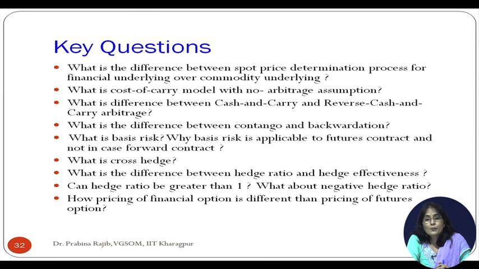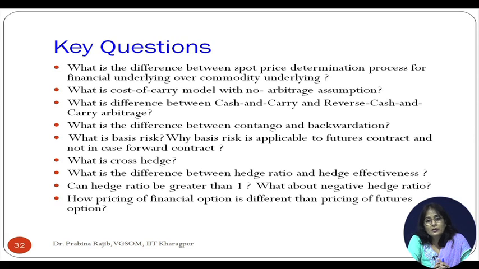We also spent considerable time understanding what is basis, what is basis risk, and why basis risk is applicable to futures contracts and not to forward contracts. This is something on which you must get clarity: futures contracts have basis risk while forward contracts do not have basis risk.